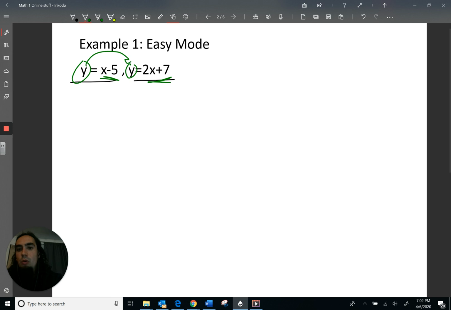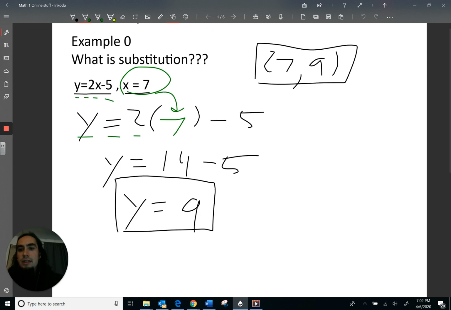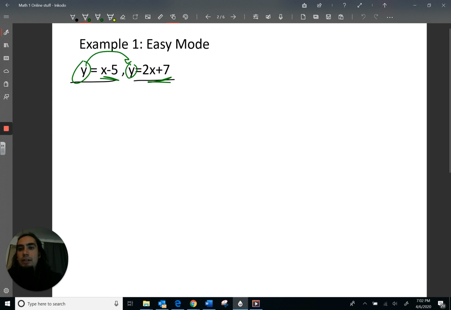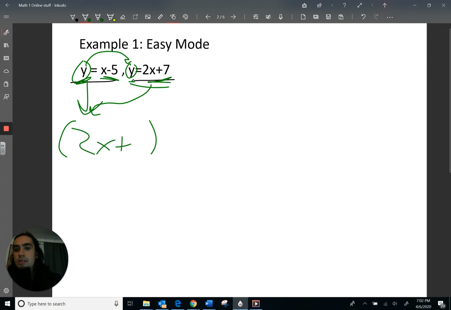This y and this y are the same. Just like in the last example, this x and this x are the same. That's how we could substitute that 7. So same thing over here. I've got these two y values that are the same. So if this y is the same as this y, then I'm going to replace this y with whatever y is, which in this case is 2x plus 7.